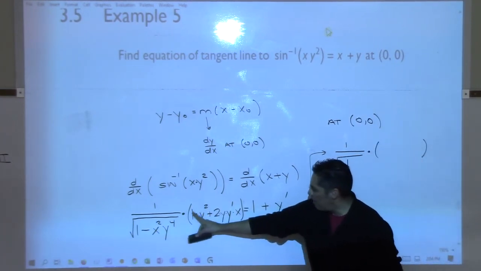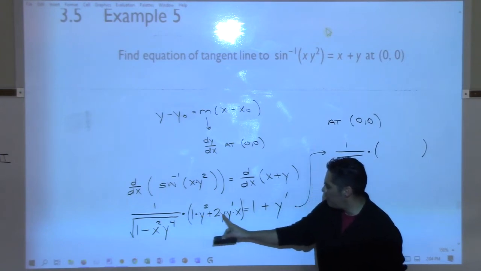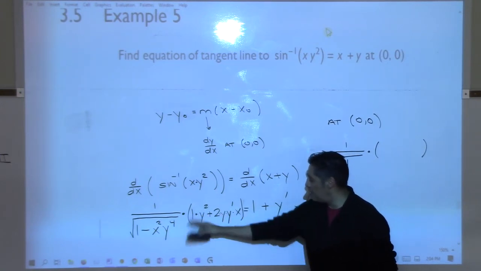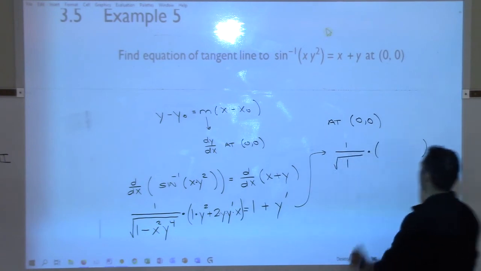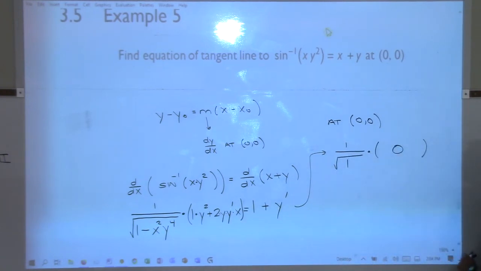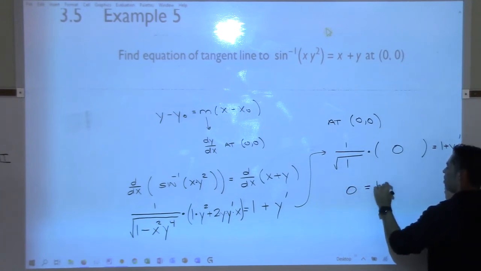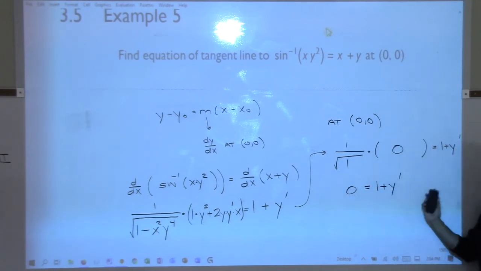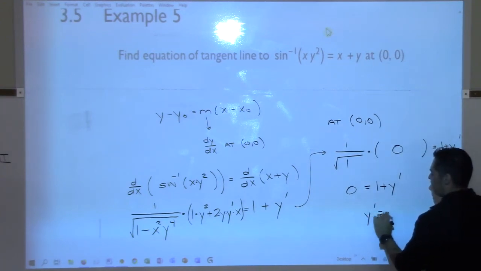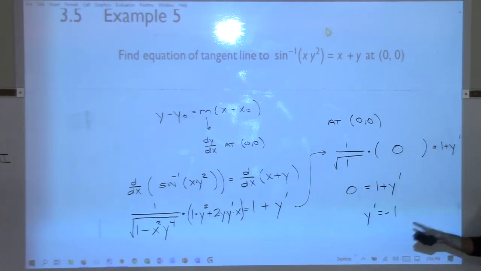Well, that's 0, right? And then these are zeros. Everything is dead, right? So that's 0. And then equals the right side, which is 1 plus y prime, right? So left side becomes just 0 times 1, that's 0, equals 1 plus y prime. And now you can solve for y prime, negative 1. So that means the slope of the tangent line there is negative 1.